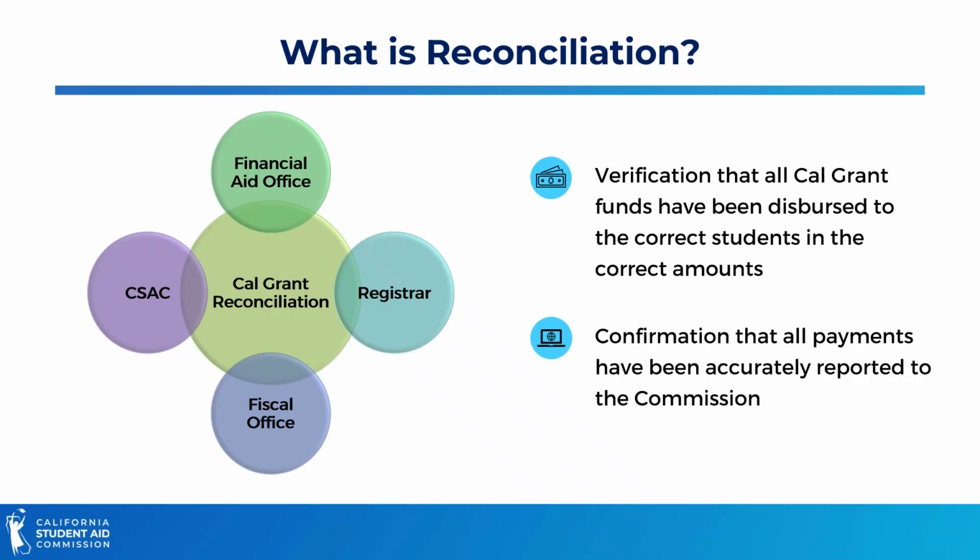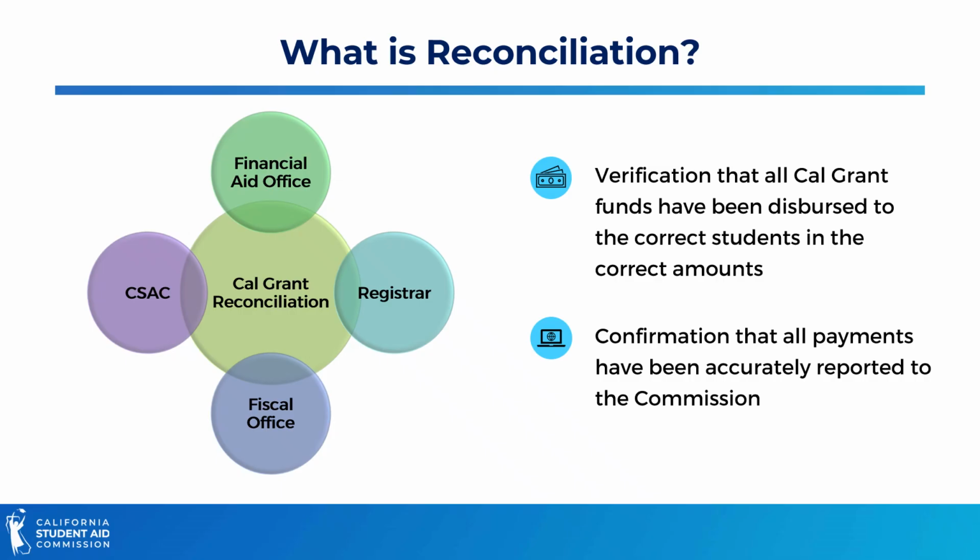The Commission also provides the Financial Aid Office with various reports and rosters used for reporting disbursement information to the Commission. Your institution's registrar, Financial Aid Office, and Fiscal Office may all collect different documents that may be necessary to reconcile payments. So it is important for all these offices at your institution to be sharing and making accessible the various documents that are needed for reconciliation with each other.